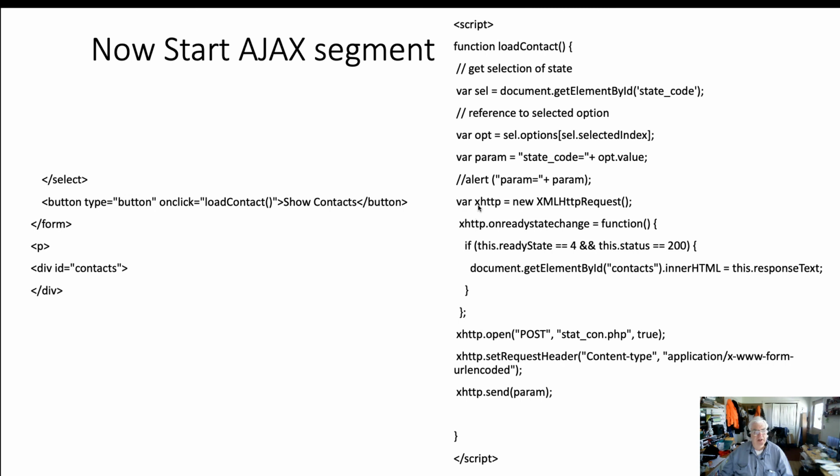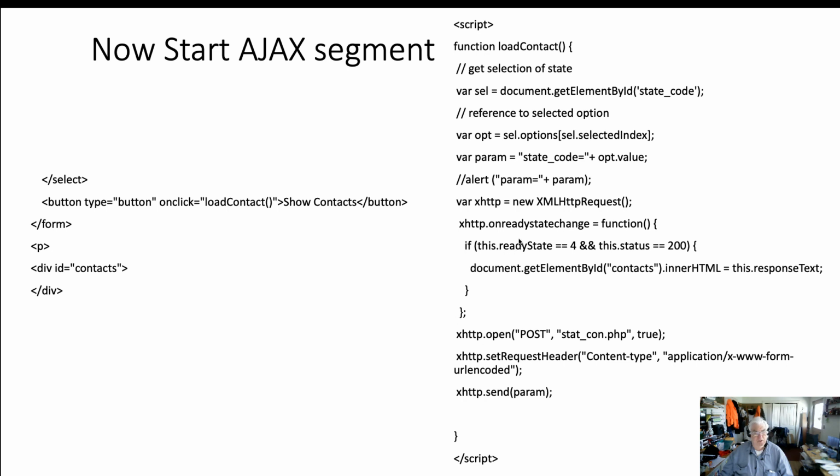Alright, so now we're getting ready to create a variable xhttp, which is going to be an XMLHttpRequest object. And I'm doing onreadystatechange with a function, and here's the contents of that function. If the readyState is 4 and the status is 200, i.e. we're finished and we're happy, it's okay, we're going to document.getElementById contacts, innerHTML, and whatever we get back from our AJAX call, we're going to put into there.